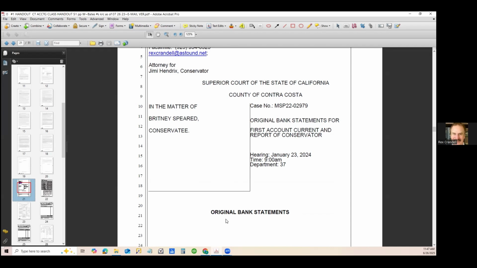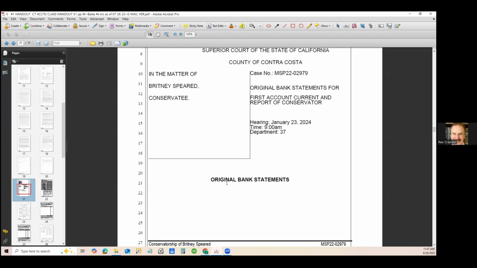So I list on the cover page what I'm submitting behind. But keep in mind, once you submit bank statements behind this cover page and separately from your petition, these bank statements are confidential, meaning neither the attorney, paralegals, nor anybody who can log on to the court's website can obtain them from the court website.